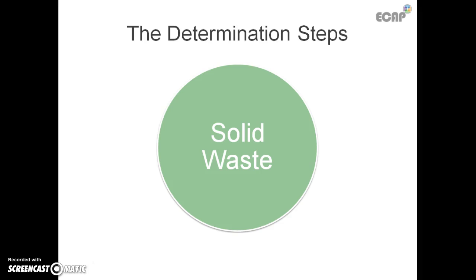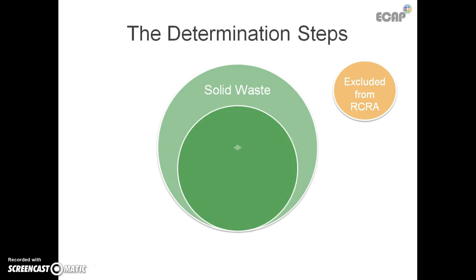Let's go through it step by step for a hazardous waste determination. First, is your material a solid waste? If so, then is it a RCRA excluded waste? If not, find out if it is a hazardous waste. To determine whether it is a hazardous waste, find out if it is a listed waste.